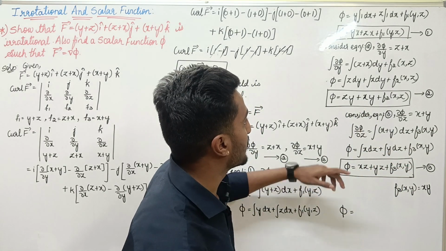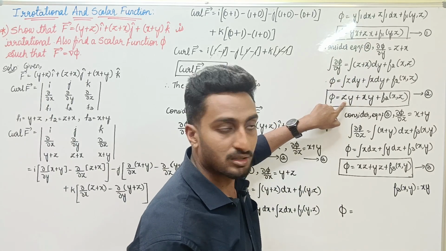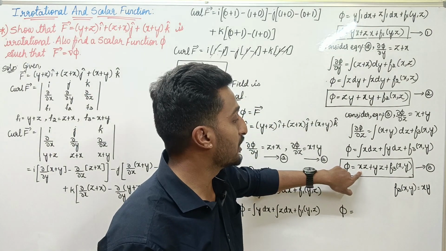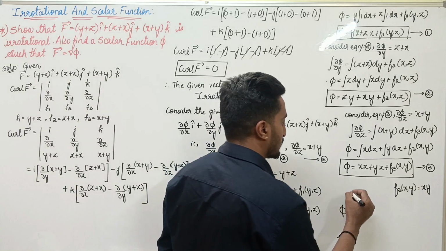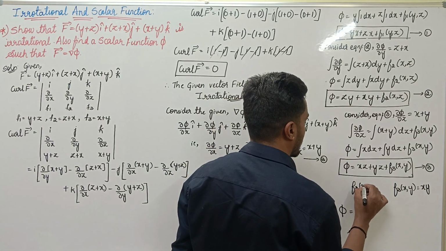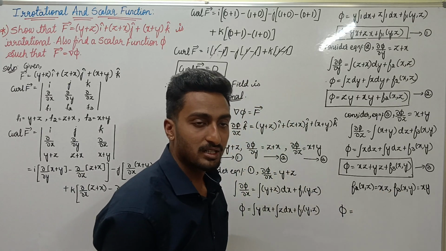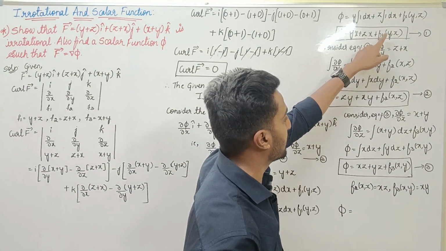Now let us go with the second one. Zx, yes we have. Zx, no we don't have. Here we have xz. Zx and xz are both the same, but we don't have xz in equation number 2. So what are we going to give? f2 of x comma z, which is equal to zx. Got the point? Yes. Similarly, now we need to find f1.